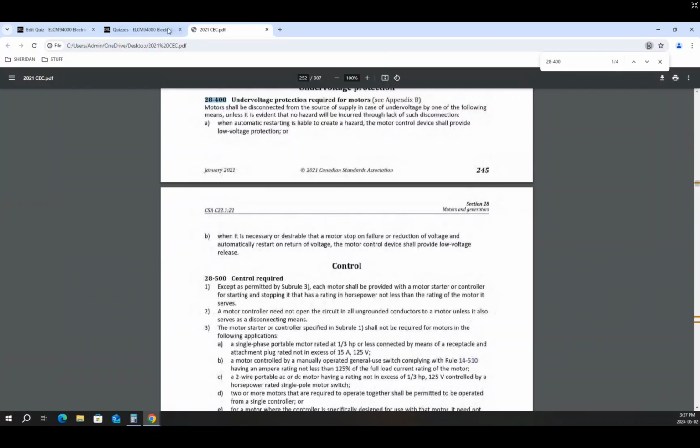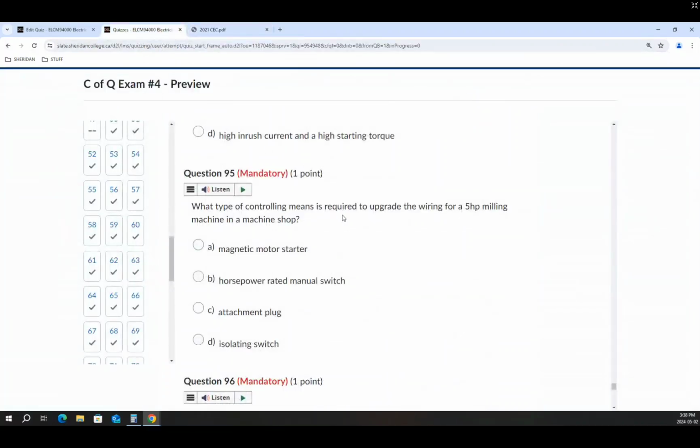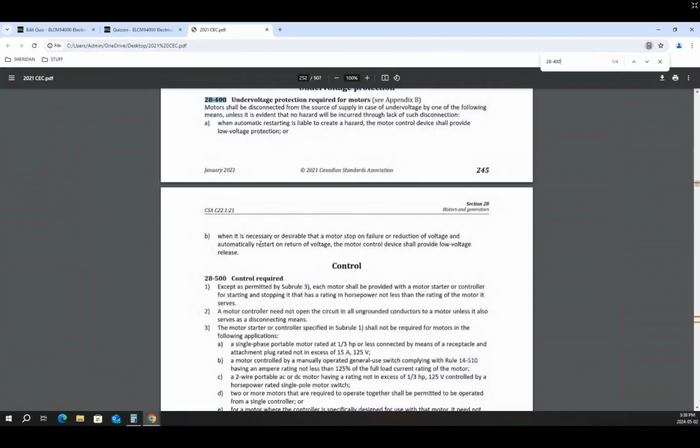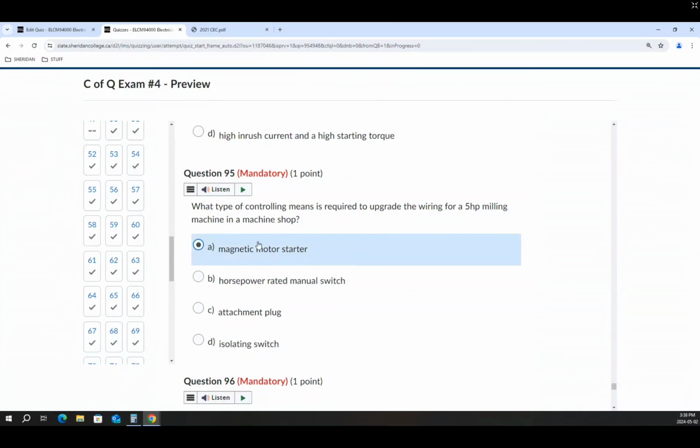So we need, because this is a milling machine, we don't want a manual switch. We don't want an attachment plug, an isolating switch. We want a magnetic motor starter because we don't want it to just restart. When automatic restarting is liable to create a hazard, the motor control device shall provide low voltage protection. So there we go.